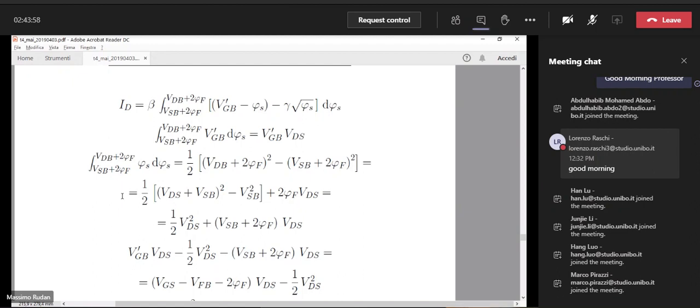Then we turn from the voltages referred to the bulk contact to the voltages referred to the source contact. So VSB is already okay. VDB is called VDS plus VSB.